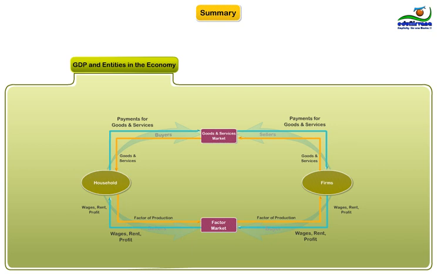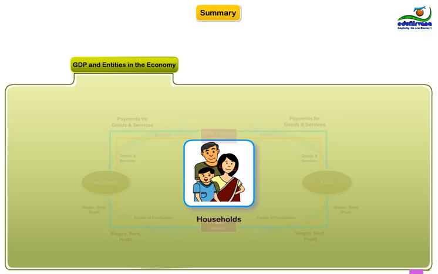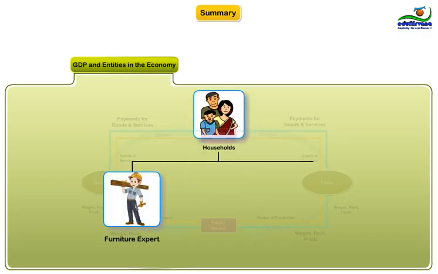Then, the classic dynamics of household and firm were discussed. So, from an economic standpoint, households are people like a furniture expert and an entrepreneur who are in a job or working as an entrepreneur.